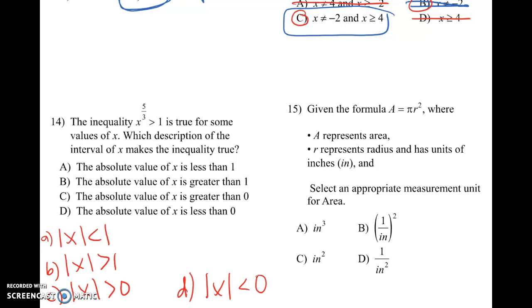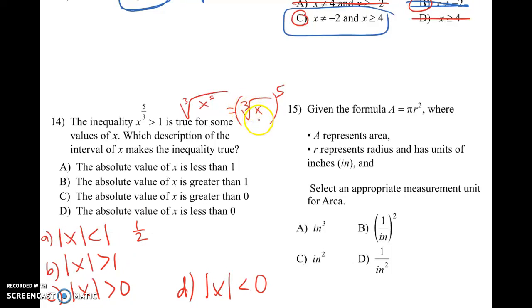The way that I thought about this was I wrote it as the cube root of x to the 5th power, or the cube root of x, and you can put the 5th power on the outside. So let's see, what number is, the absolute value is less than or equal to 1. So what if x was 1/2?